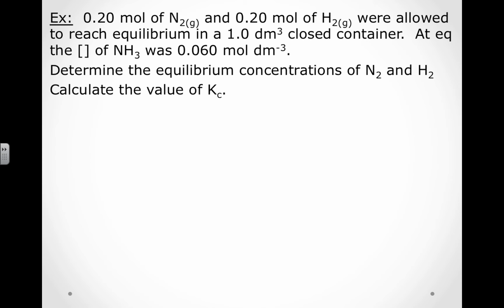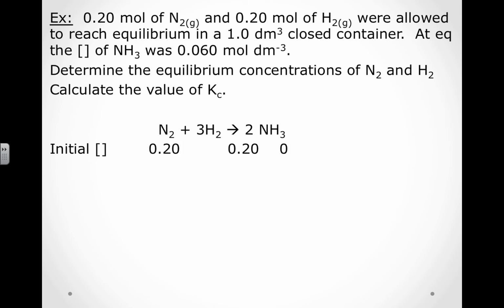0.2 moles of nitrogen and 0.2 moles of hydrogen were allowed to reach equilibrium in a 1 cubic decimeter closed container. At equilibrium, the concentration of ammonia was 0.06 moles per cubic decimeter. Determine the equilibrium concentrations of nitrogen and hydrogen and calculate the value of Kc. So first thing, we need to write ourselves a balanced equation. We've seen this before.